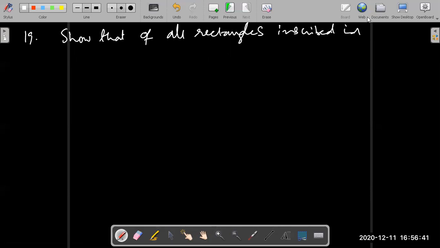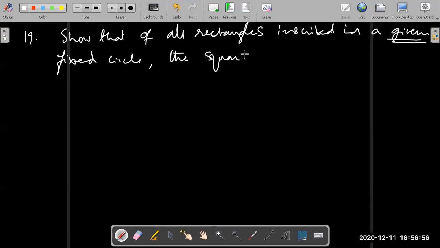This is the keyword. In a given fixed circle, this word given is a keyword. Given fixed circle, the square has the maximum area.